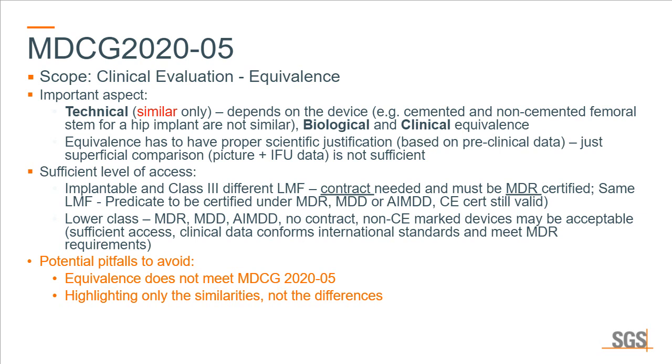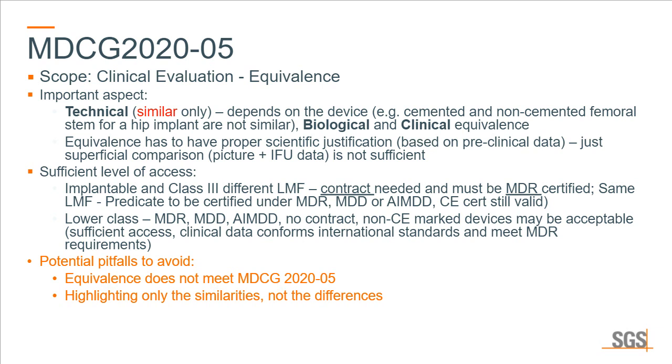But now the new requirement is that you should explicitly highlight the differences and justify why the differences are not relevant. The notified body will need to see a fair representation of the similarities and the differences.